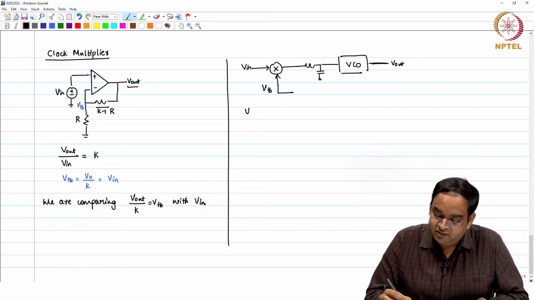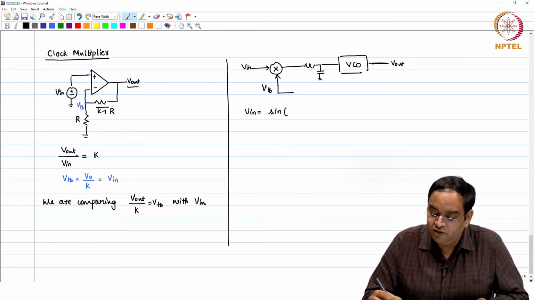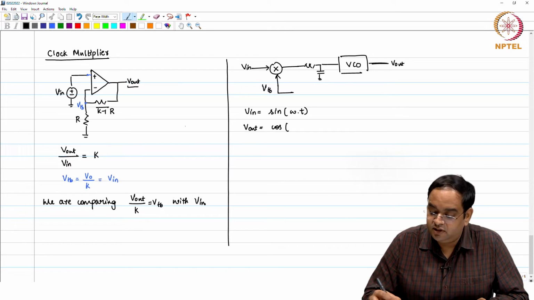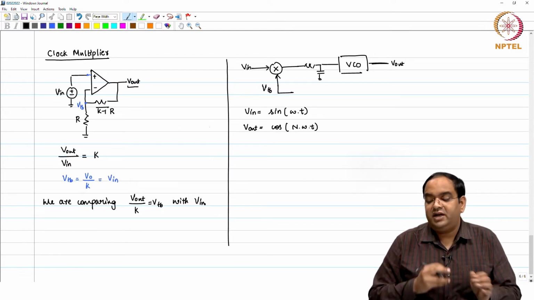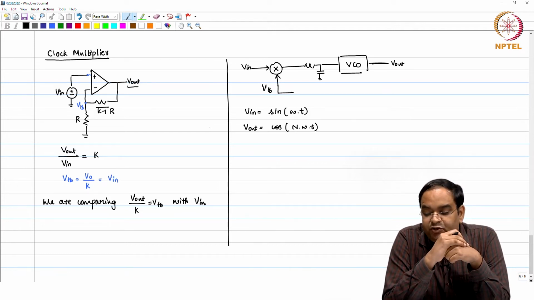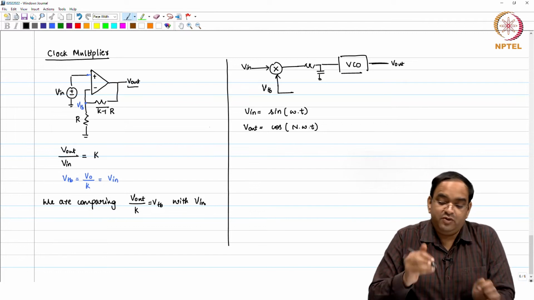What I want is the following. I want V in as sine of omega t and V out as cosine of n times omega t. I want the output frequency to be n times the input frequency.